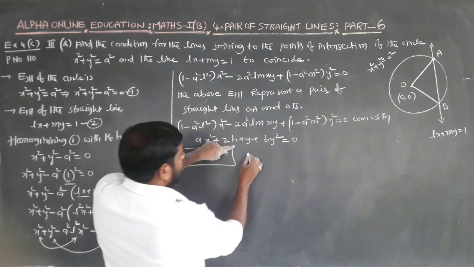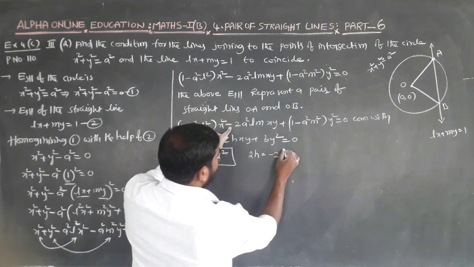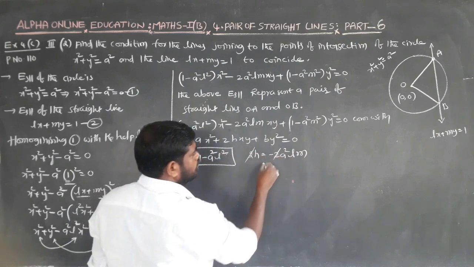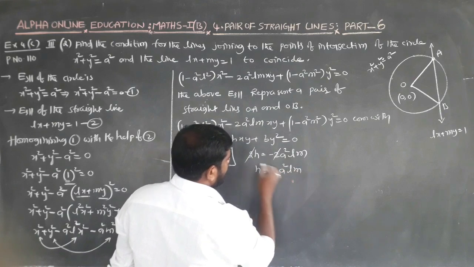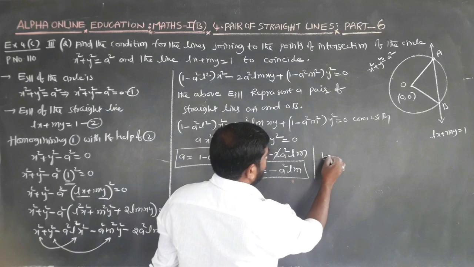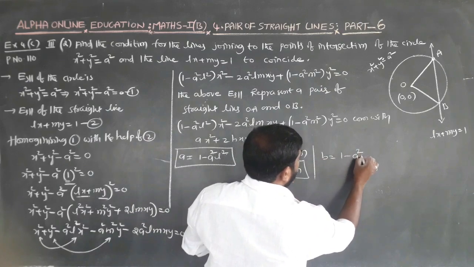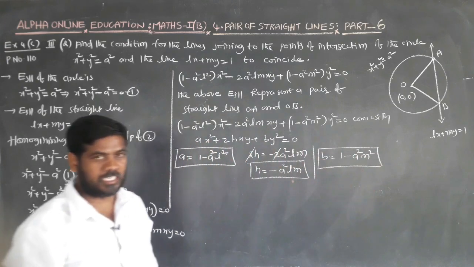Next one, xy coefficient 2h is equal to minus 2a square lm. 2 gets cancelled. h is equal to minus a square lm. Next one, y square coefficient b is equal to 1 minus a square m square.